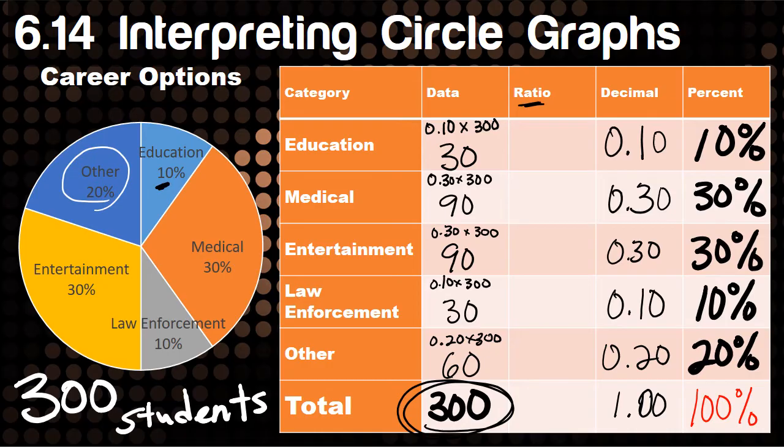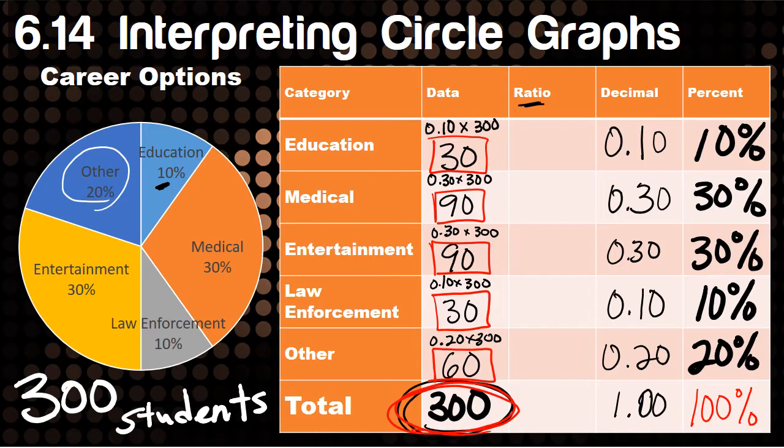So you can see we have this lovely data here: 30 students, 90 students, 90 students, 30 students, and 60 students. When we add all those together, it gives us a grand total of 300 students.